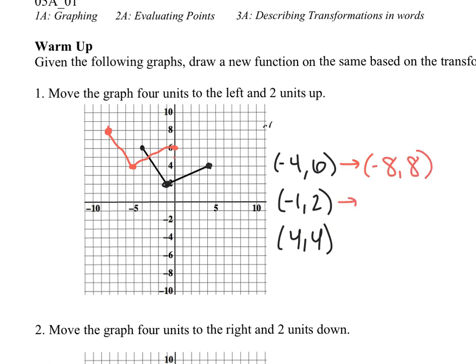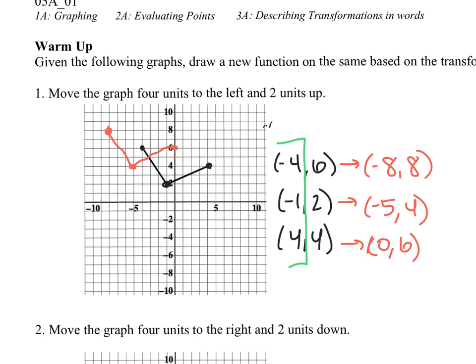The point (-1, 2) became the point (-5, 4). And then the point (4, 4) became (0, 6). So one thing that's nice about transformations is we're really just looking at patterns.